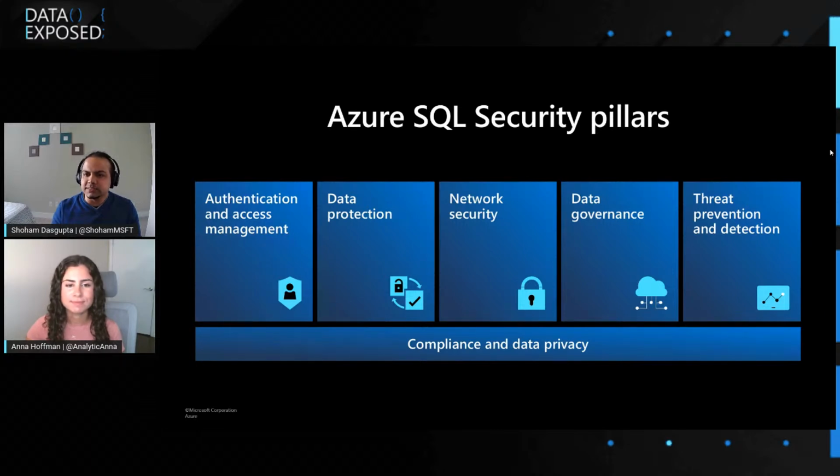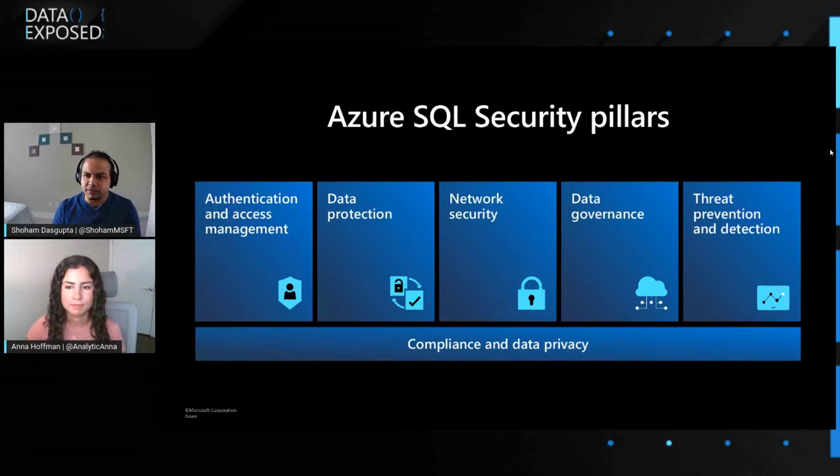This includes the pillars that you see in front of you. These are our fundamental security pillars for each of our security areas, and each pillar contains security features that you would need to implement. Altogether, we walked over how customers can use all of these features together to build a comprehensive security strategy for storing their data in the cloud.